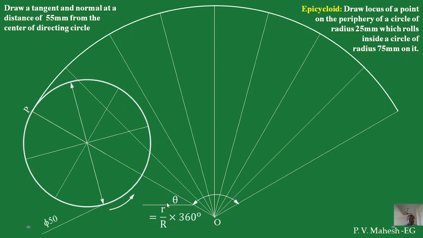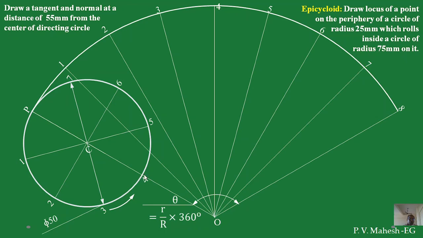What I have to do? I have to divide this circle into 8 equal parts and this sector into 8 equal parts and give the numbering. How am I giving the numbering? Again the same, 1, 2, 3, 4, 5, 6 in the direction of rotation. That is important.